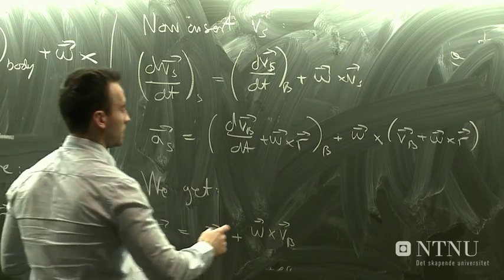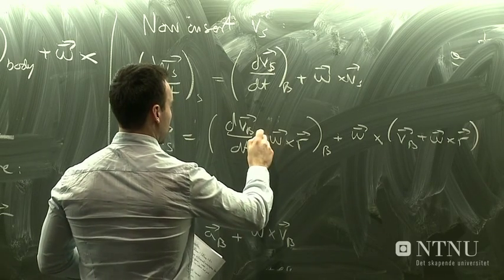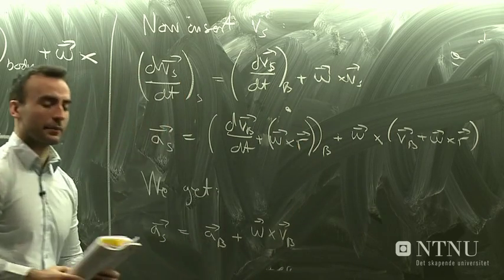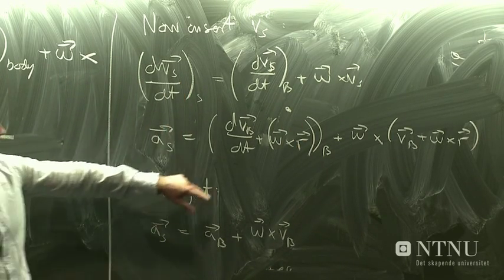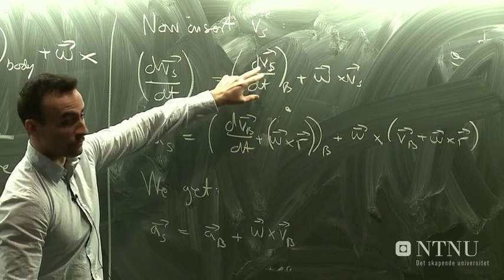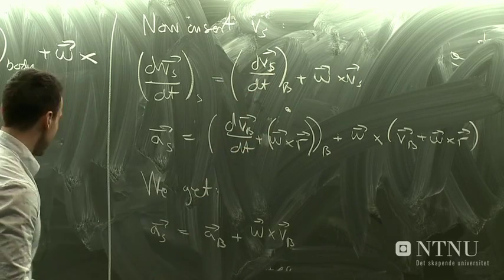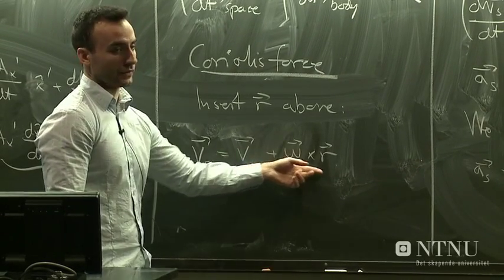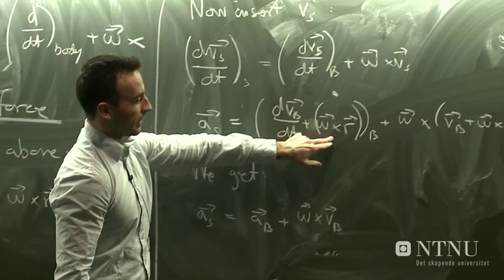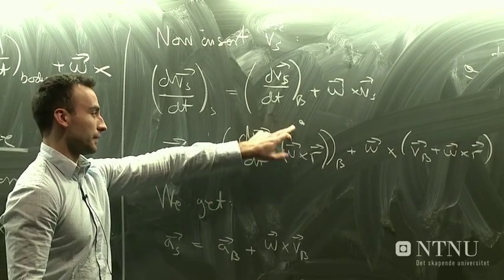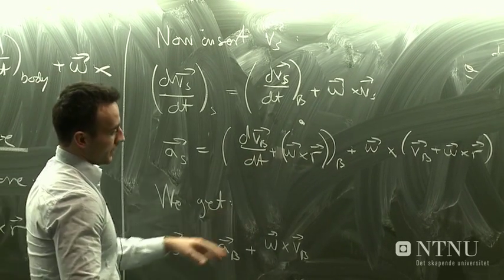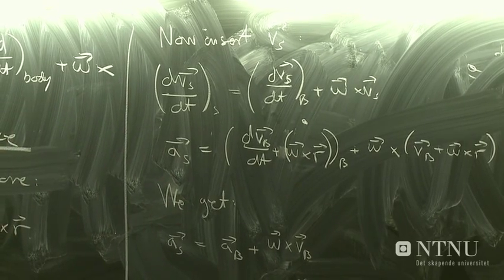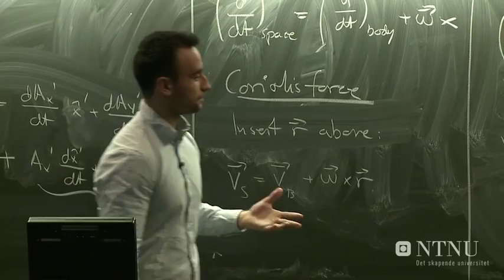Oh, I'm sorry. It should be a time derivative here, right? Because it's the time derivative of Vs. So inserting Vs is this. Means I have to take the time derivative of Vb and also this. So I indicate the time derivative here by a dot of this entire thing. So let's assume here for simplicity that omega, the angular velocity characterizing the rotating system, is a constant.